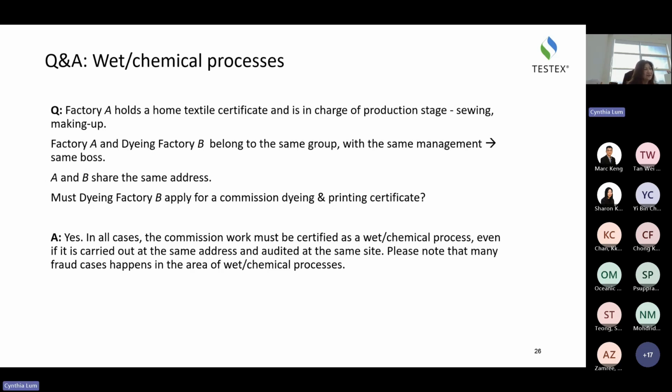So must the dyeing factory apply for a commission dyeing and printing certificate? Yes. The production that does the commission work, the dyeing, the finishing, they need to have a certificate. So this is an add-on to the requirement that where and when wet chemical processes are involved, it needs to be certified.